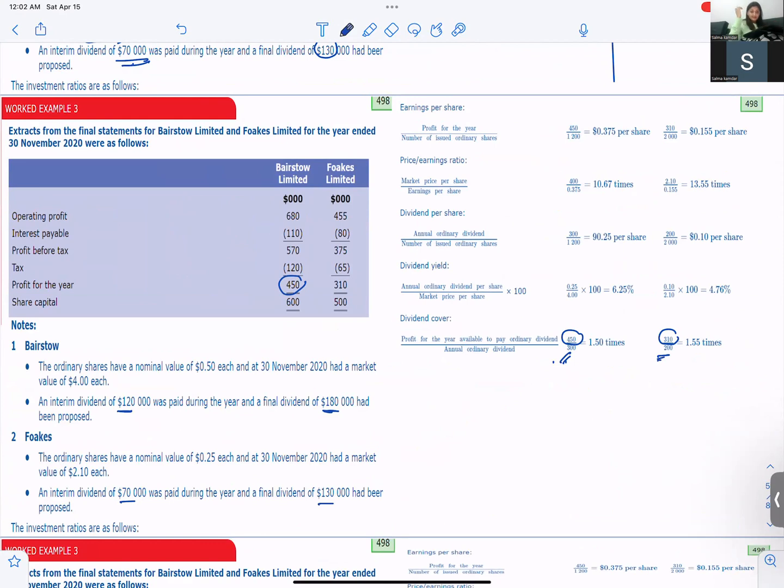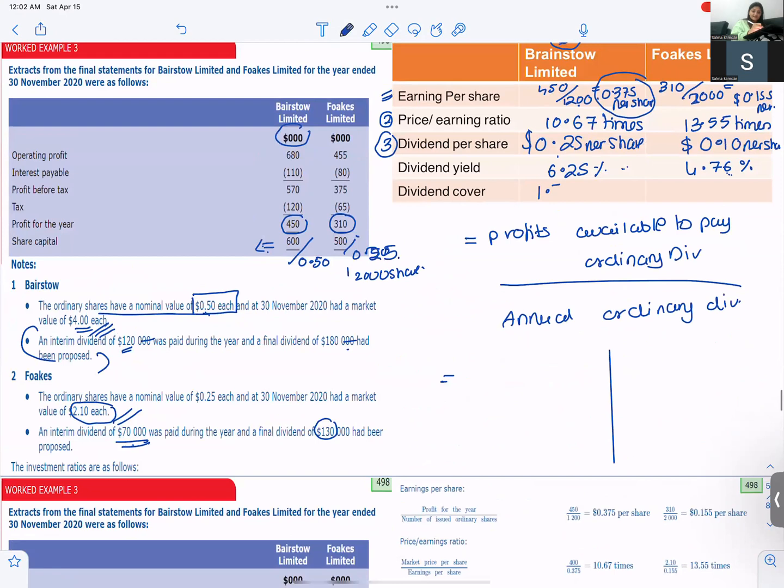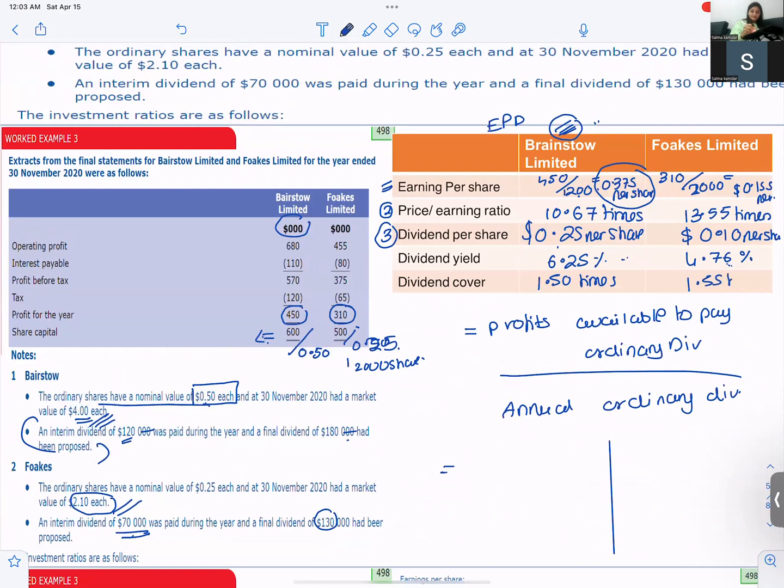So dividend cover ratio over here it is 1.50 times, and over here it is 1.55 times. That means profits can pay dividend 1.50 times over here, and it can pay dividend 1.55 times over here.